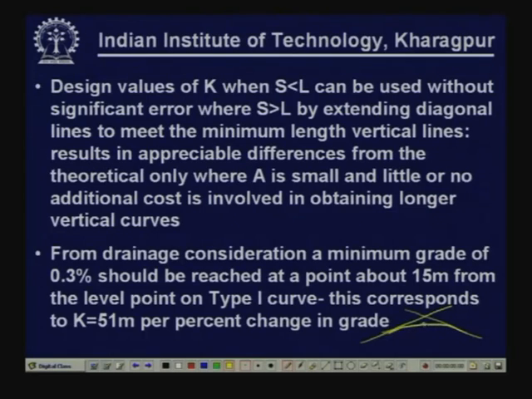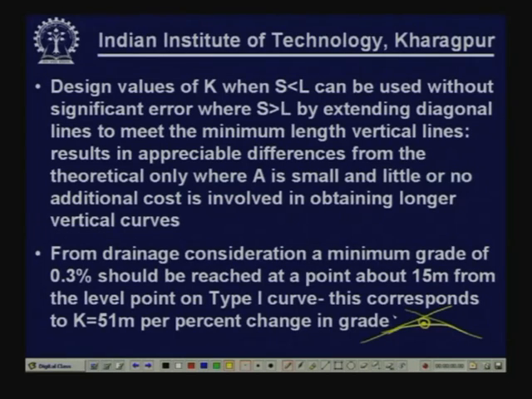Now, this is the point where it is a level point. So, for a type 1 vertical curve, from drainage consideration, a minimum grade of 0.3% should be reached at a point 15 meter from the level point, just to facilitate drainage.